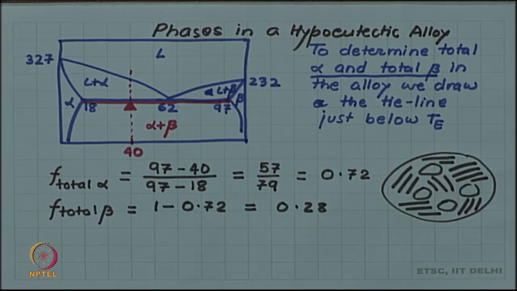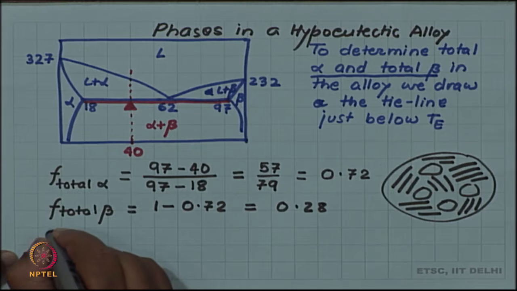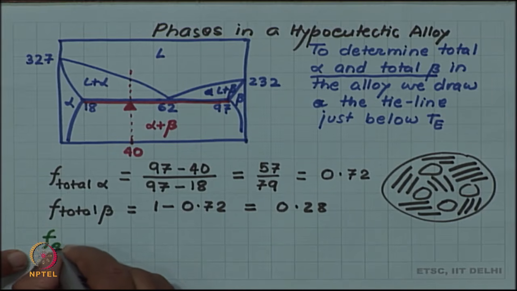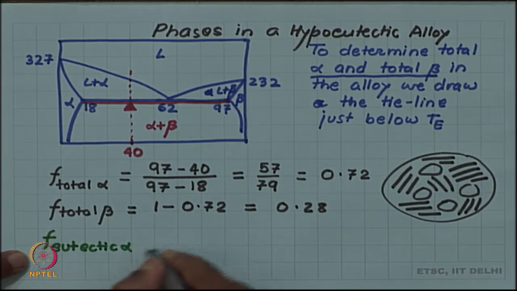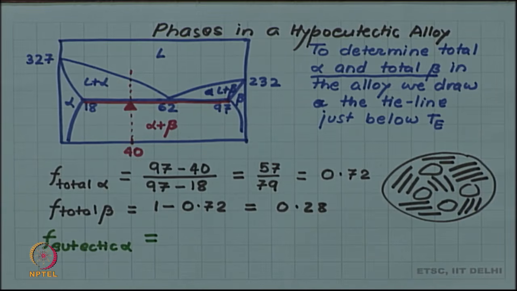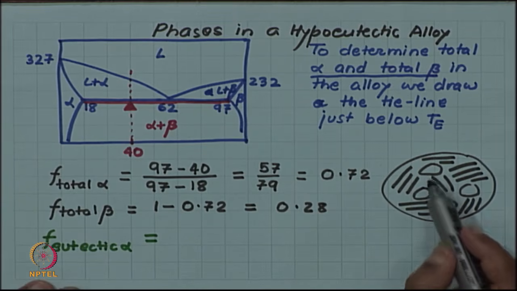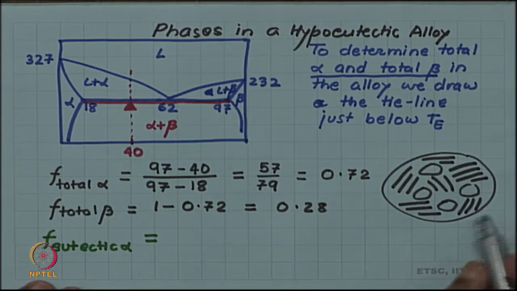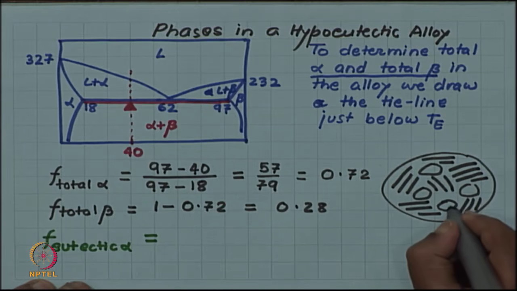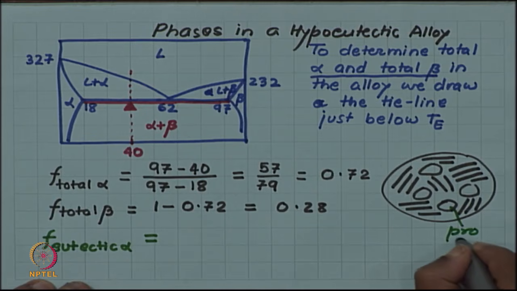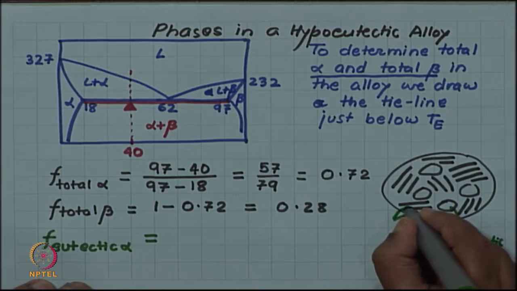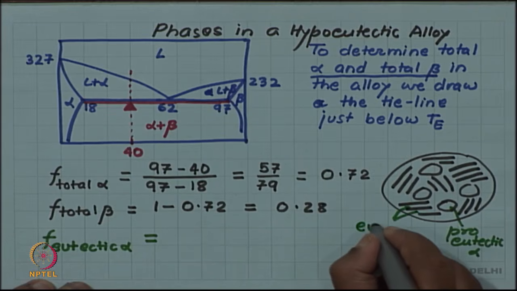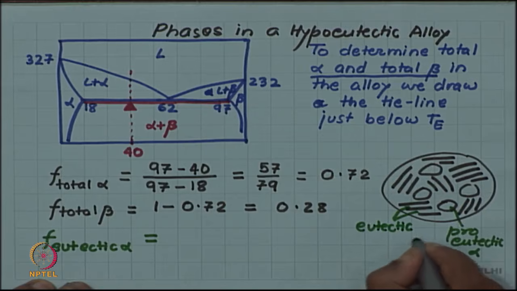If we are interested in that number, we can call that f eutectic alpha. Since the total alpha is divided into pro-eutectic alpha and the alpha which is part of the eutectic mixture, this will be eutectic alpha.